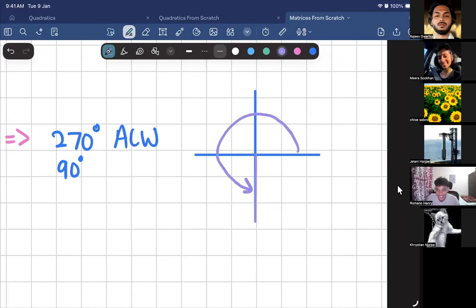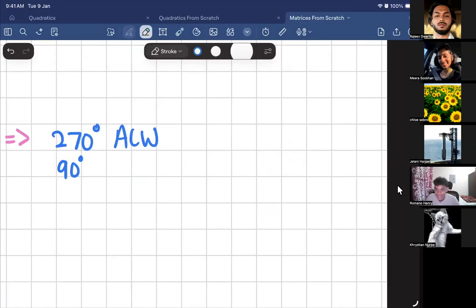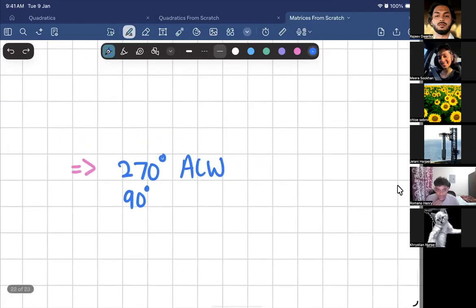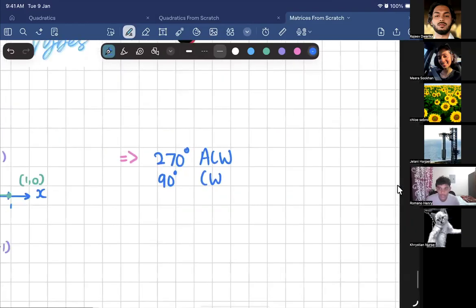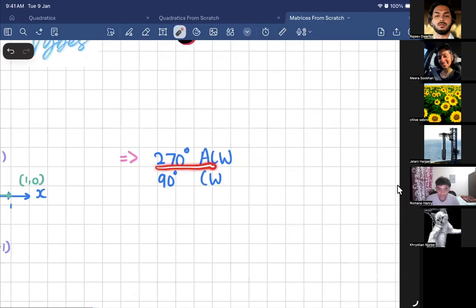Now watch this. So what's that? Then 90 degrees clockwise. Yes. The whole point of this, Romano, we see some circle, 360 degrees. So 270 degrees anti-clockwise is just 90 degrees clockwise.